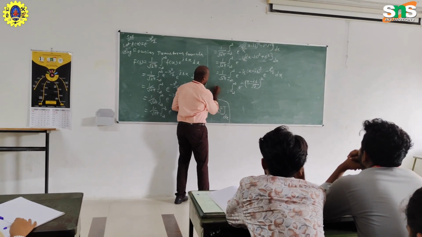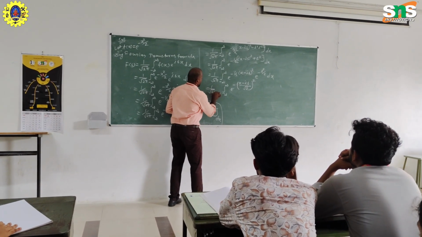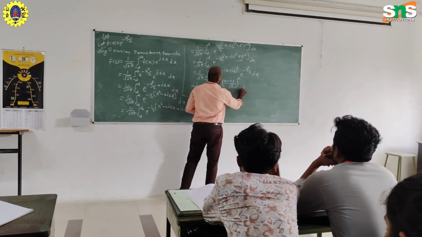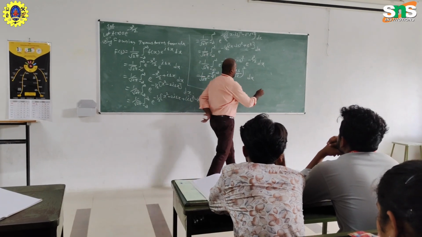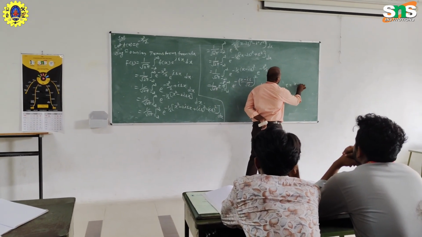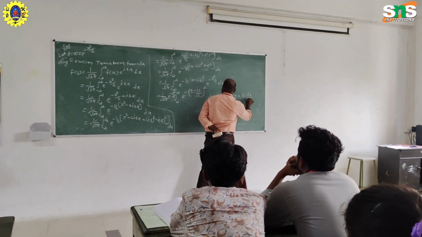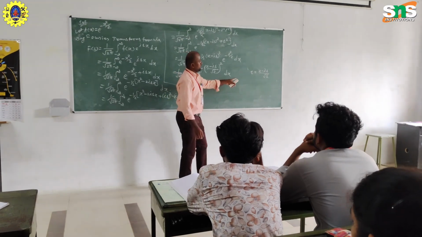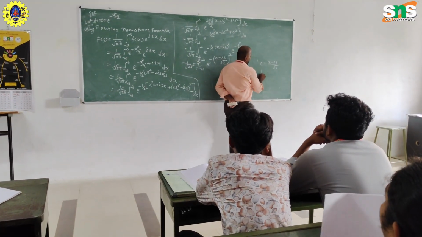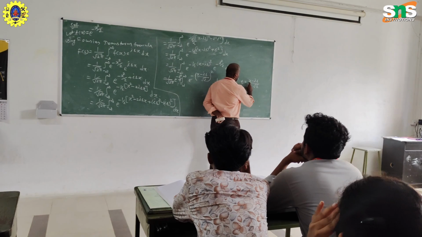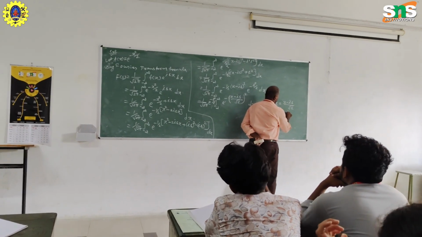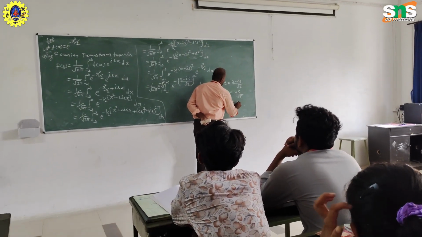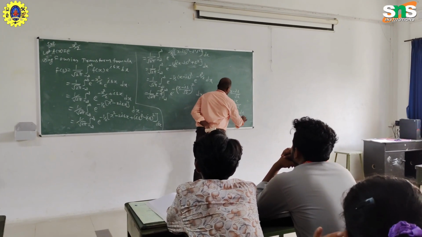Therefore, e power minus s square by 2 is a constant value. E power minus s square by 2 into dx. Take t equal to x minus is by root 2. After differentiating with respect to t, dt equal to dx by root 2, so dx equal to root 2 into dt.